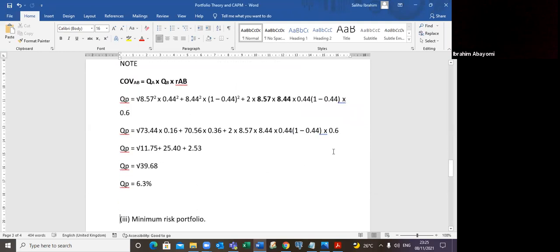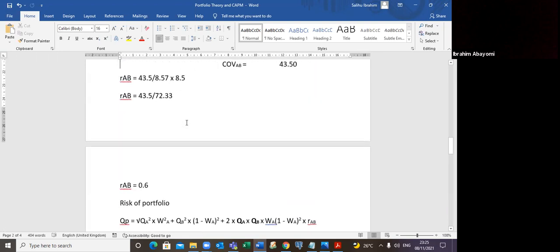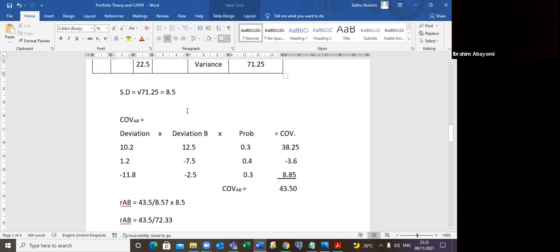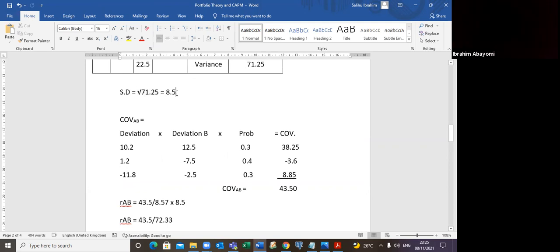From where do we have this 8.4? Or maybe we did not check. Okay, let's cross-check. This is supposed to be 8.4? Let me confirm. Take the square root of this. The variance is 71.225. And the square root of that variance is what?